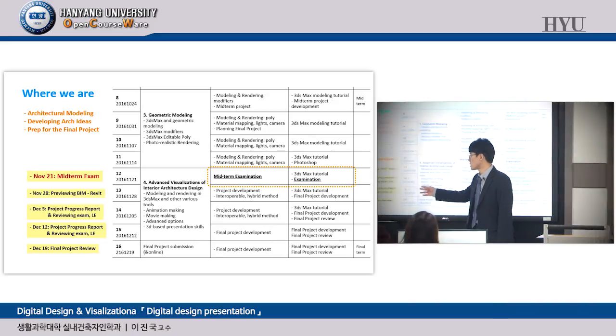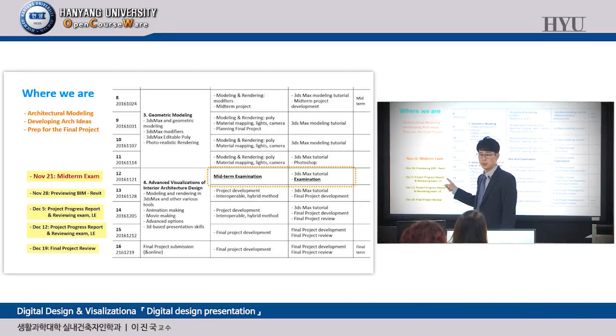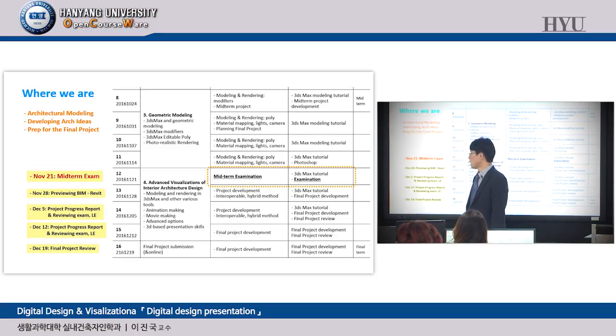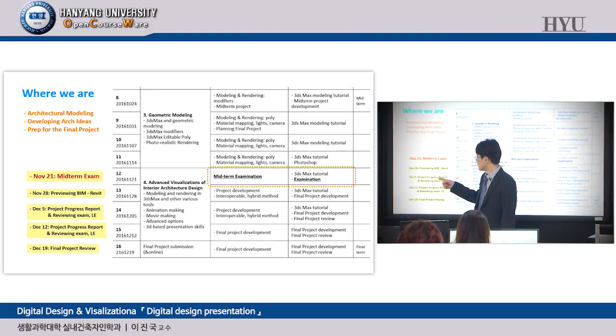And 2 more weeks for project progress report. For your final project, I'd like to see you one by one for reviewing what you have done for your final project. And also you need to bring your final project's next step to next week and December 12, okay?